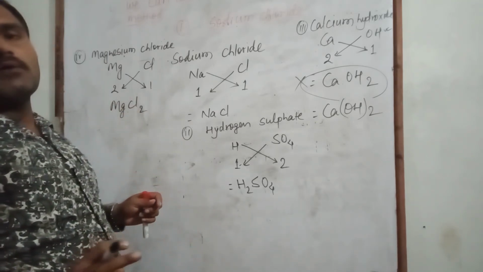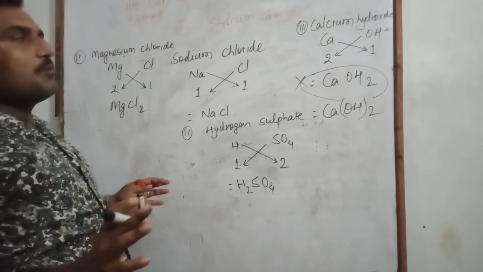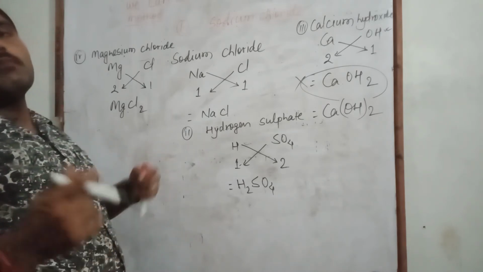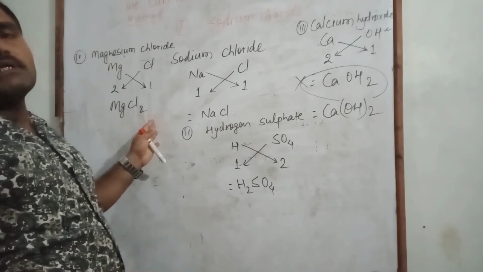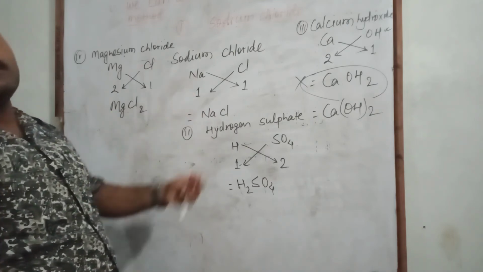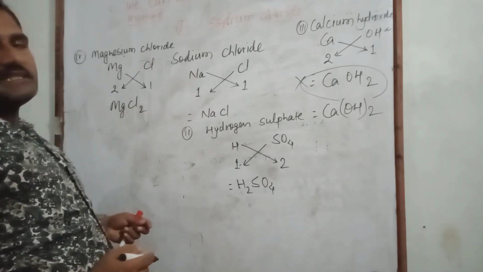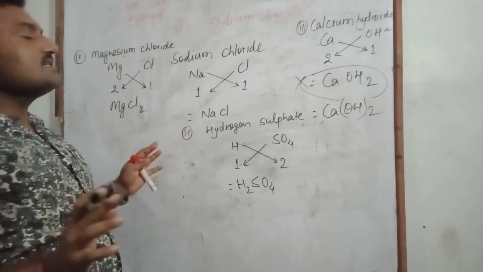And more about common names: the molecular formulas of some chemical compounds are definite, but these compounds are known by their common names, like sulfuric acid. In that condition, we can't write them by the criss-cross method.